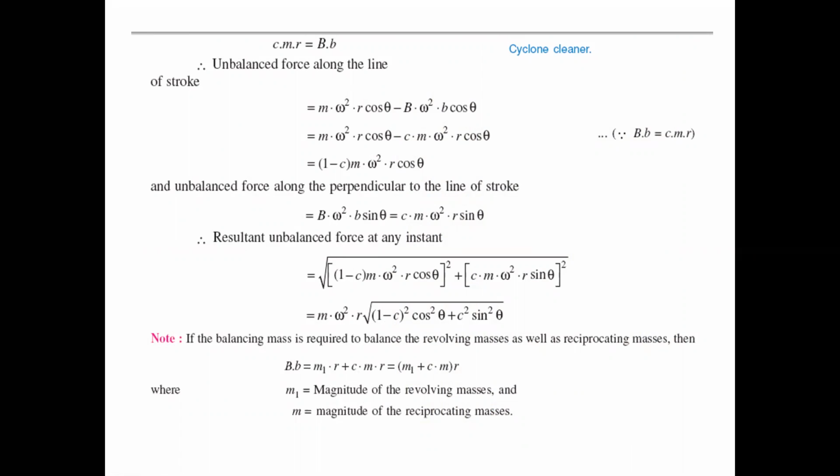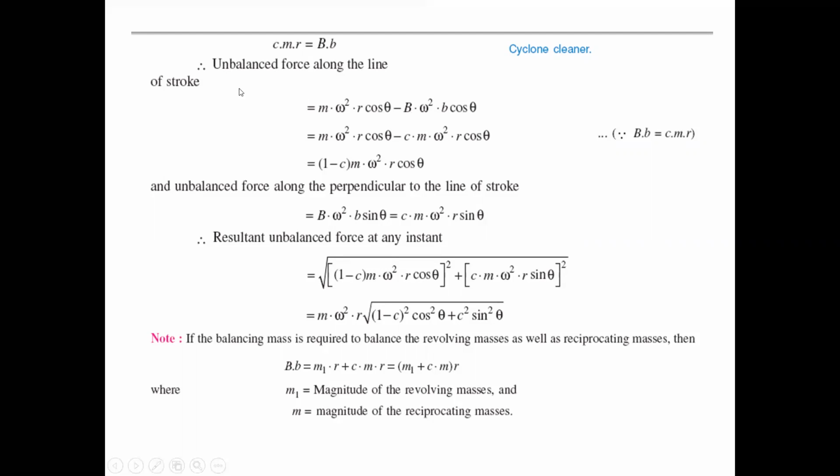So those are the unbalanced forces. Unbalanced force along the line of the stroke: I write the horizontal components, that is m omega square r cos theta minus B omega square b cos theta. Why?